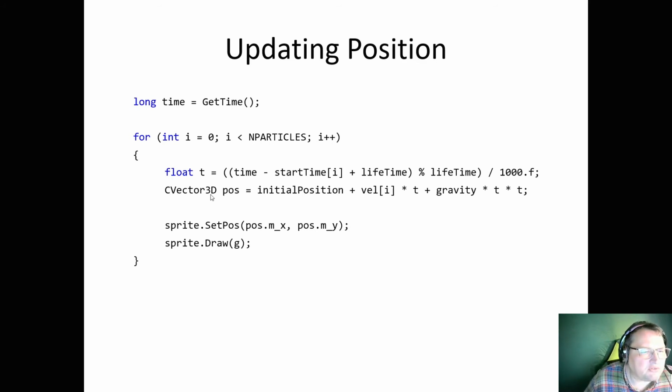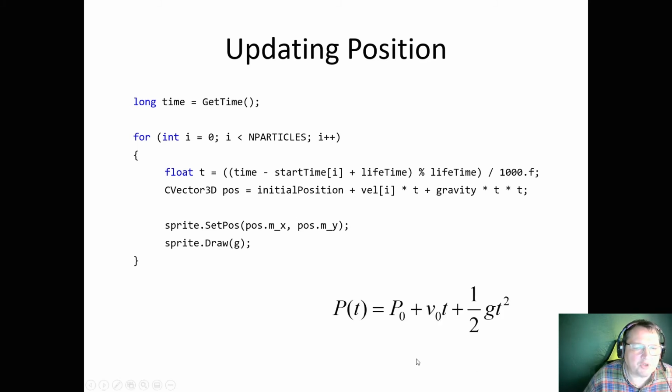And this line, CVector position, it's the implementation of the position formula. So we have initial position, that's the P0, a three-dimensional vector that we have defined a few slides ago. Then we have V0, that's the initial velocity for this particular particle, so for the current particle, multiplied by time, V0 times t.